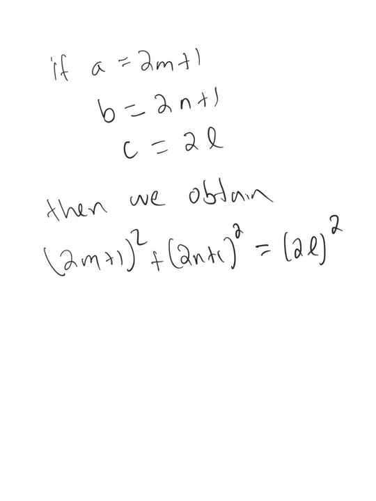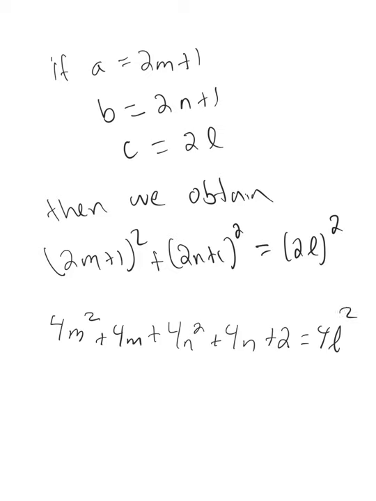I'll let you take a minute and simplify by expanding and combining like terms. What we end up with is 4m squared plus 4m plus 4n squared plus 4n plus 2 equals 4L squared.